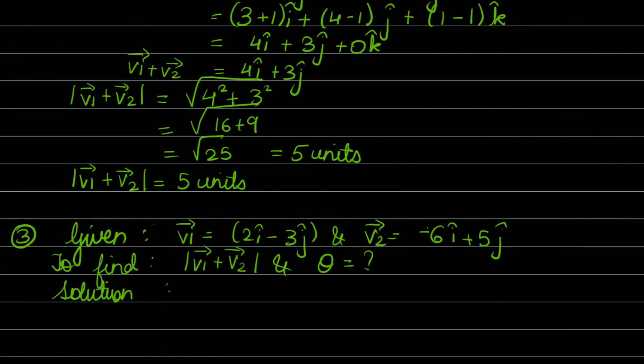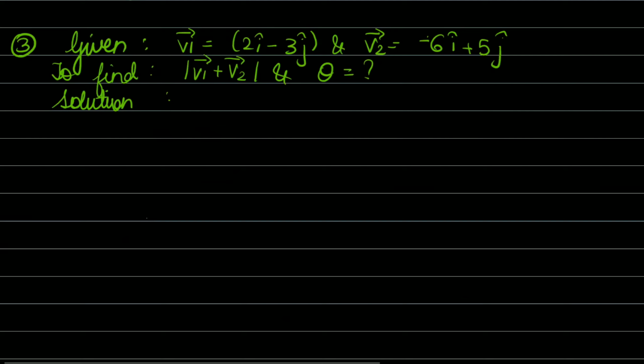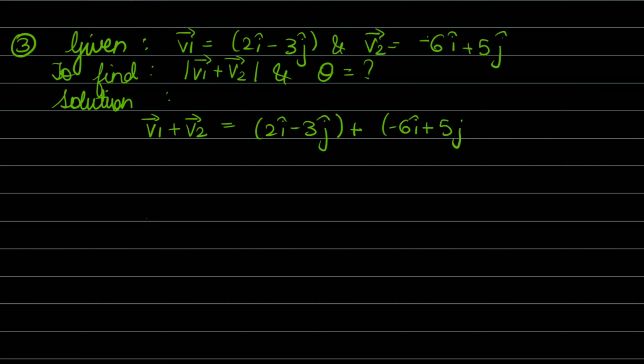Okay, so for the solution, again we have to find the sum of both vectors, v1 plus v2, which is 2i minus 3j plus v2, which is minus 6i plus 5j. We take i as common: (2 minus 6) i cap plus (minus 3 plus 5) j cap.